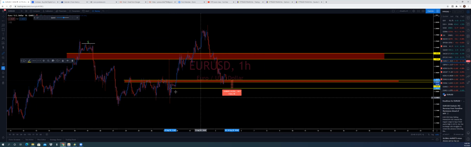However, if this does become an order block and the dollar does sell off to retest these price levels right here, then Euro USD could buy up off of this structure, off of this price level, and come back to retest these price levels up here. So we'll have to monitor that.